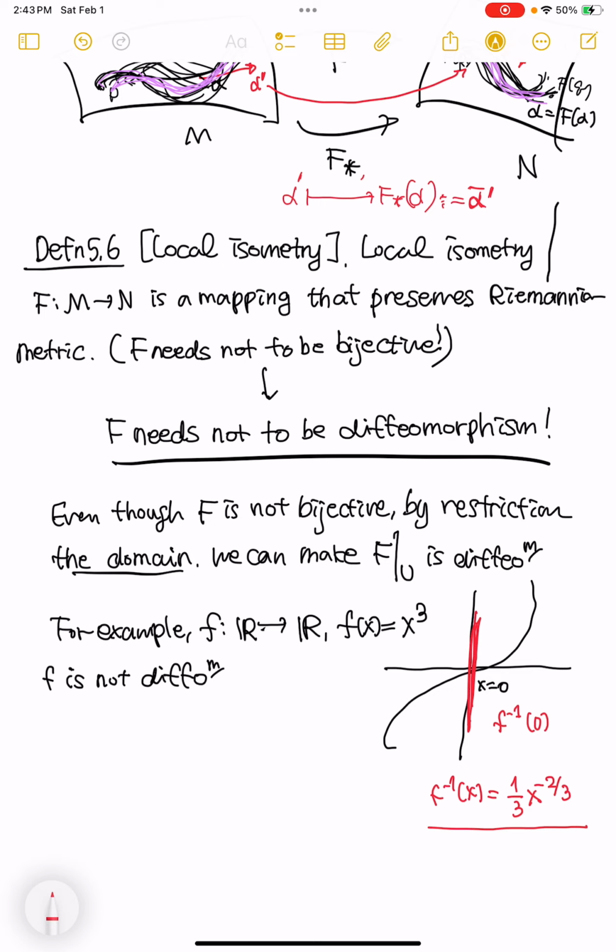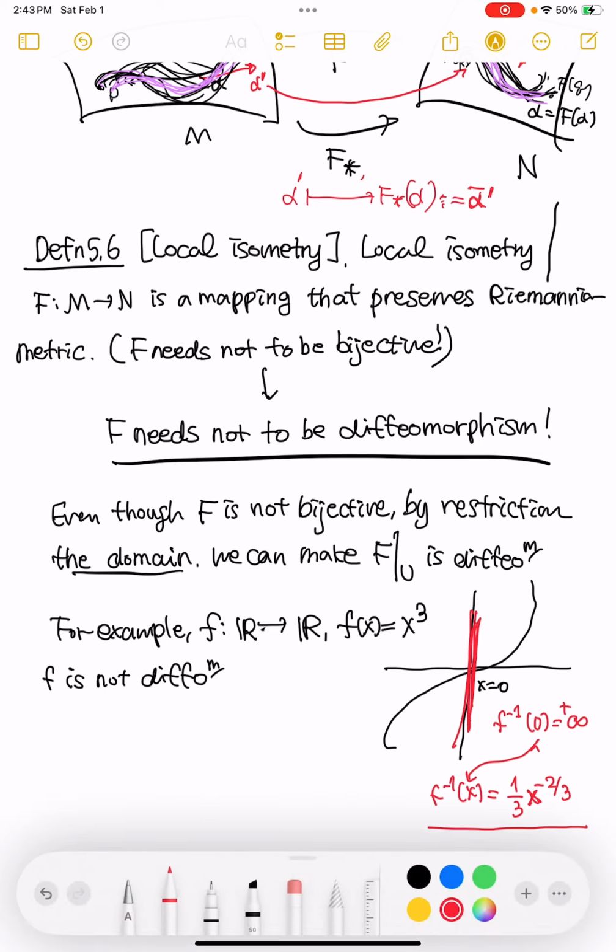If x equals 0, that function diverges. So this is not a diffeomorphism because the inverse function does not exist.